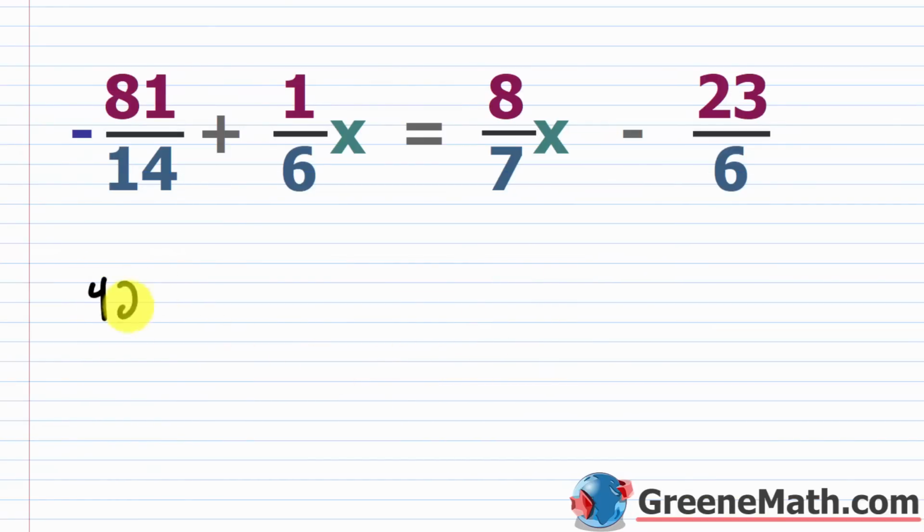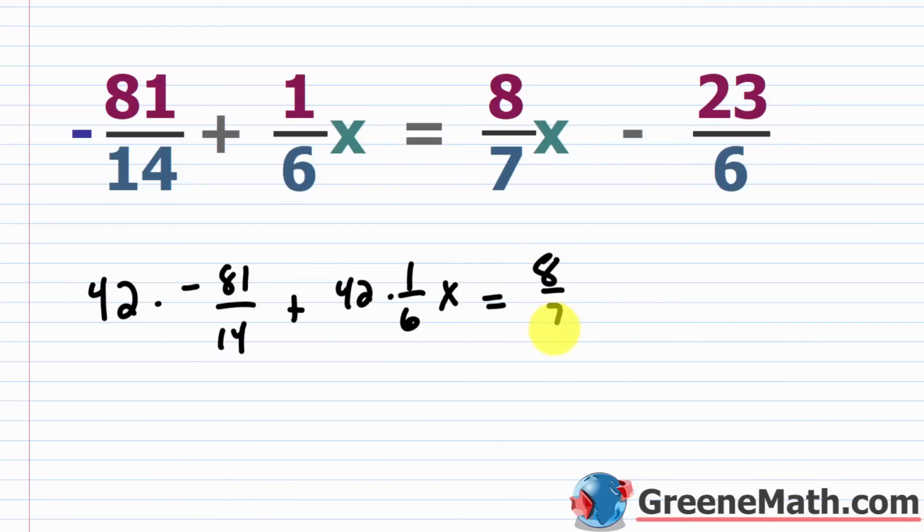So we're going to have 42 times negative 81 over 14 plus 42 times 1/6x equals 8/7 x times 42. And I probably should reverse that. So let's go ahead and put the 42 out in front, like this, times 8/7 x. And then minus 23 over 6 times 42.